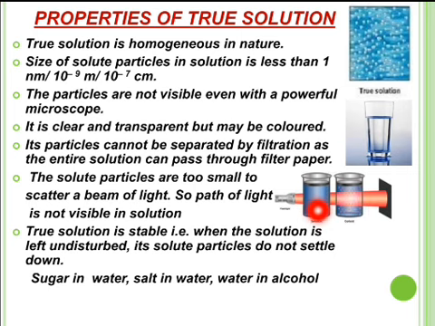It means the solution in which the path of light from the torch is not visible is a true solution. Here the solute particles are very tiny. Their size is very, very small, less than 1 nanometer, so they cannot scatter the beam of light passed through them.